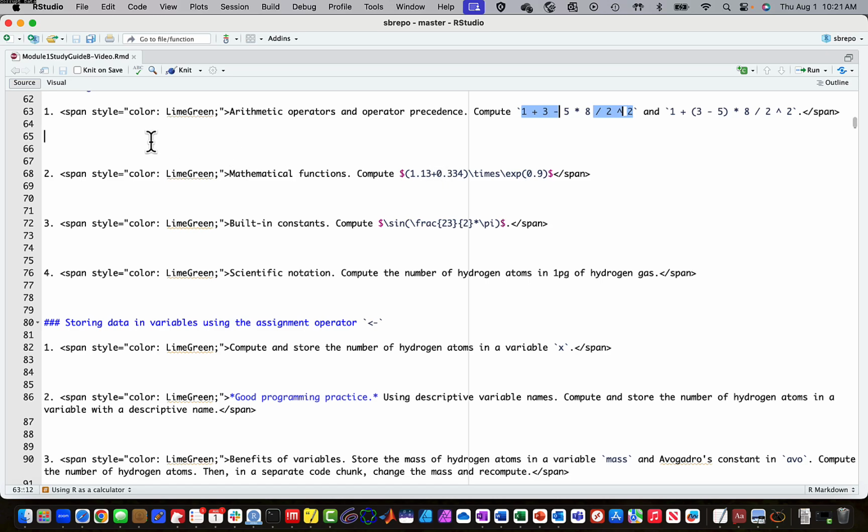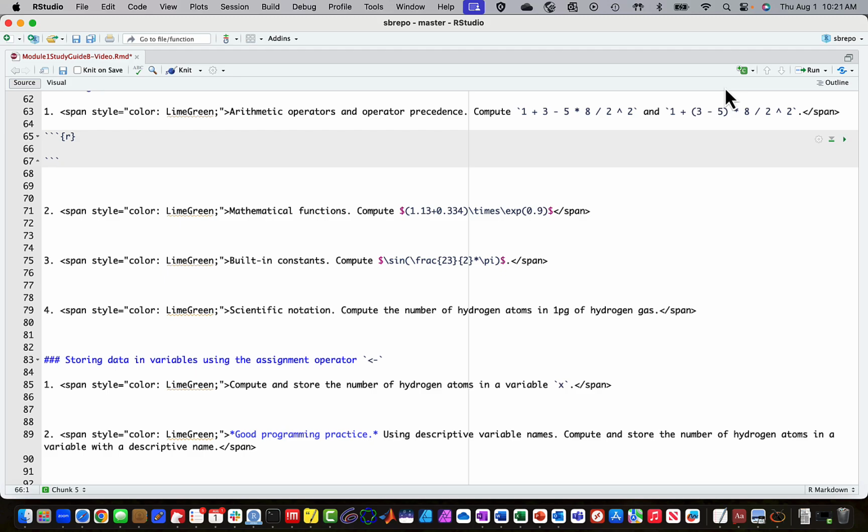To do this, let's insert a code chunk with the Insert Code Chunk menu here, or you could use the keyboard shortcuts, which are Option Command I on the Mac or Control Alt I on Windows. And now we can type out this expression.